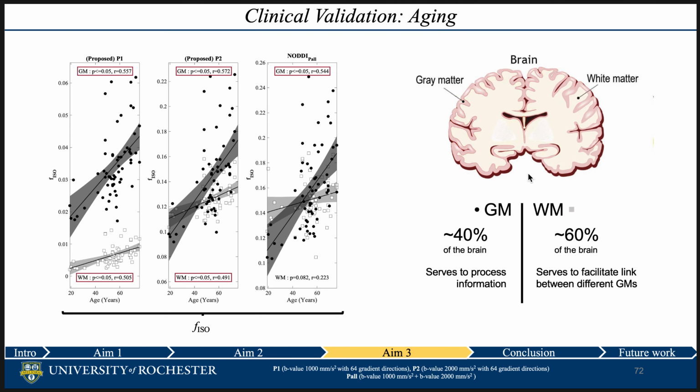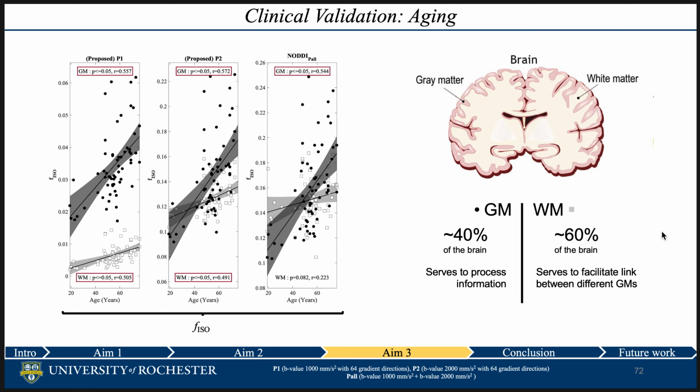This brings us to our clinical validation by using some physiological processes like aging. For this validation strategy, we had around 64 subjects ranging from 20 to 70 years old. From literature, we already knew that neurite density lowers in the gray matter with aging, and the free water content can get higher with any neuroinflammatory process going on in the brain.